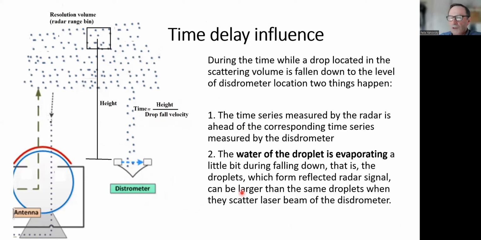And the second reason: the water of the droplet is evaporating during falling down. It is tens of seconds, and during this time the droplet, which was here with some diameter, may have a smaller diameter in the disdrometer sensitive place.